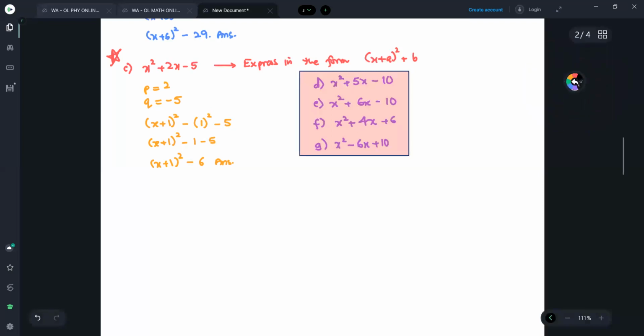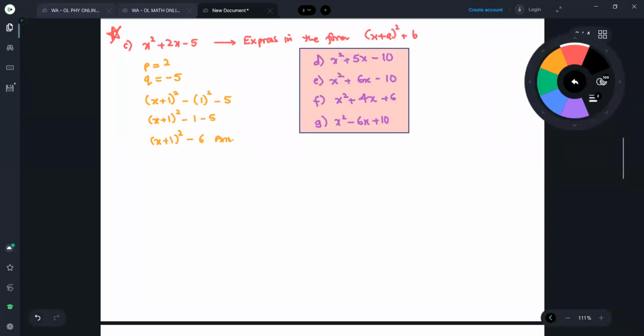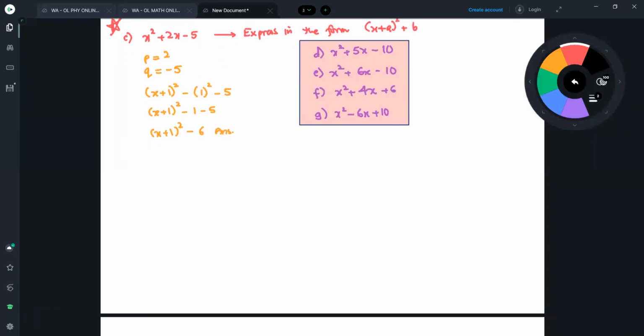What if? That was x square plus 2x minus 5. If I give you a question like this, where, Fatma, it says x square minus 10x plus 8. Anybody could tell me what p is? Minus 10. Very good, Ali. Minus 10. And what is q? 8.